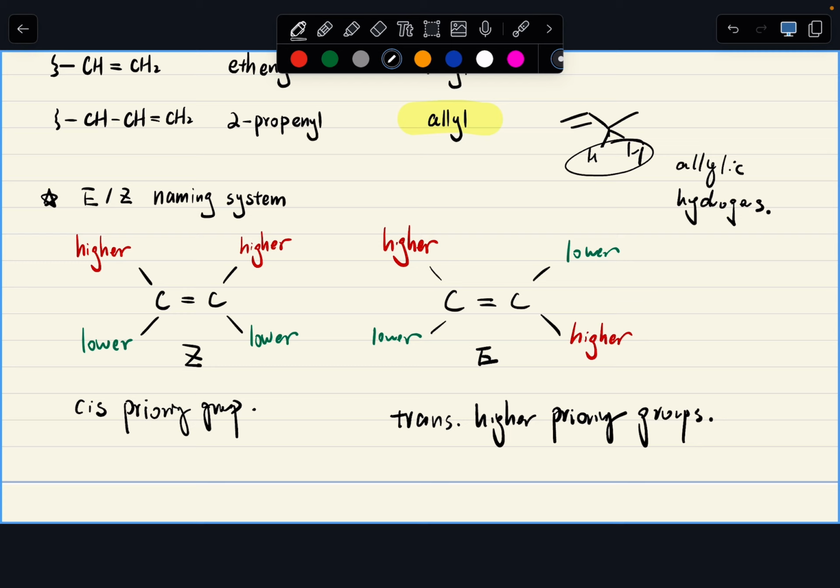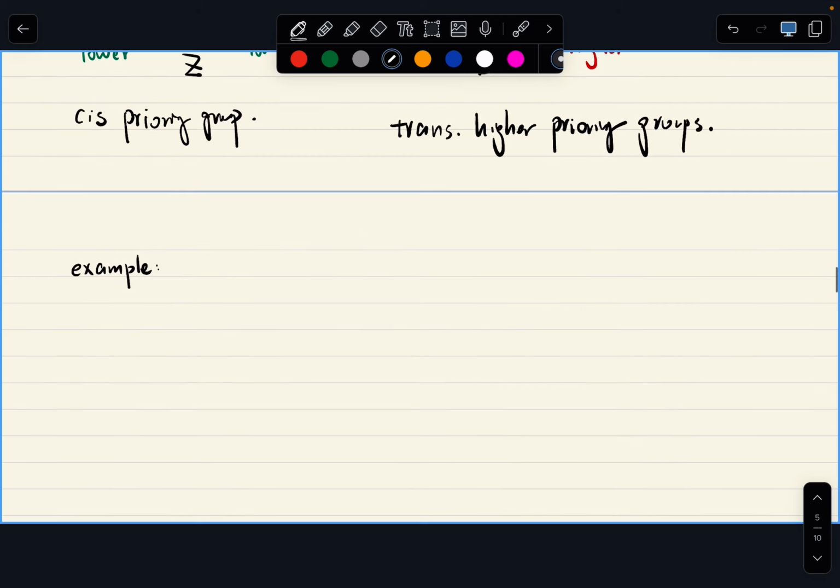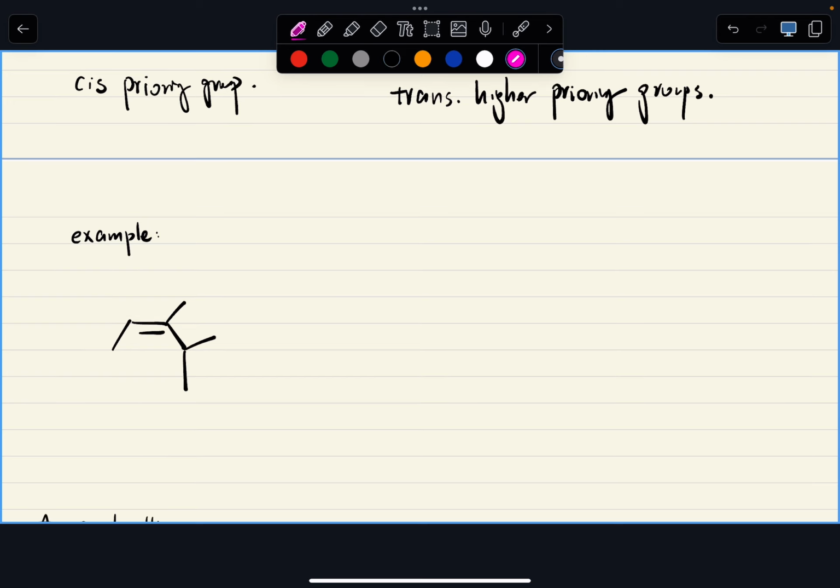All right. We can also infuse the EZ naming into nomenclature of your double bond containing molecules. So for example, if we have a molecule like this, we first look at it, and we'll be like, okay, I have my double bond here.